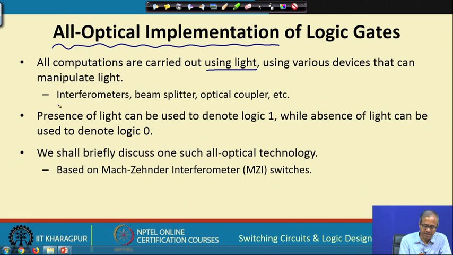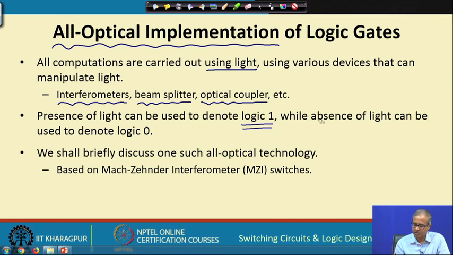There are some devices called interferometers; a beam splitter, where one optical beam is divided into two beams or more; and an optical coupler, the reverse, where two optical beams are combined into a single optical beam. And as I said, as a matter of convention, presence of light will denote logic 1, while absence of light will denote logic 0.